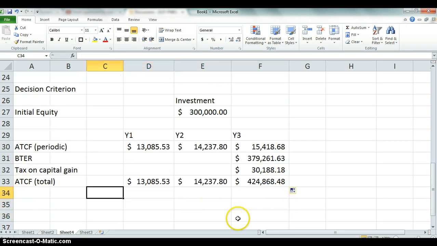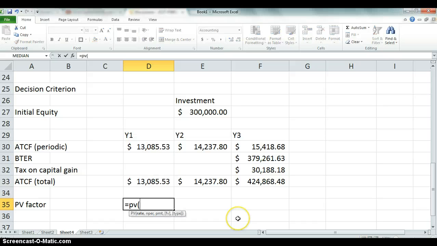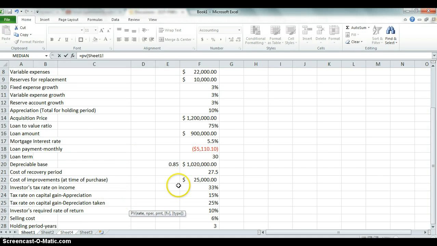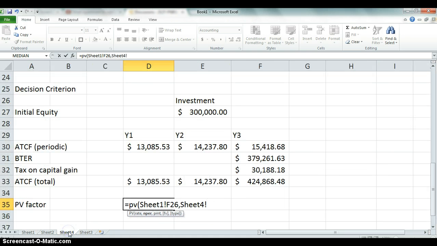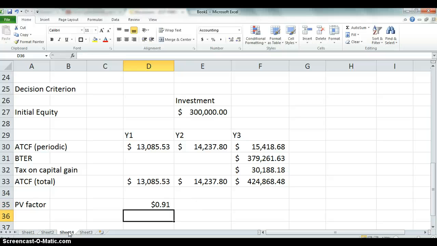Okay, now we're going to calculate our present value factor. For our present value factor, we will do equal present value. Our rate equals the investor's required rate of return, which in this case is 10%. Then we need our periods. First one will be 1, our payment will be 0, and then minus 1 for future value.